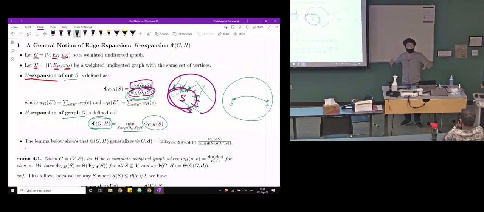Yeah, it would be the minimum weight S-T cut, right? Because when is it the case that this thing is non-zero? Only when you cut S and T away from each other, and you minimize over all of those cuts.